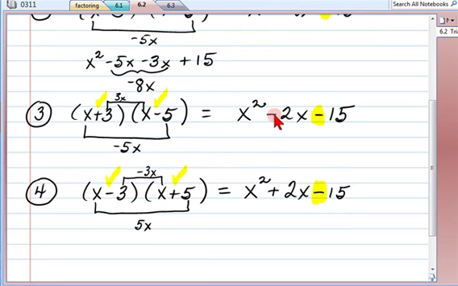It doesn't matter whether the middle term was positive or negative, there will be one of each. Now, the sign of this will help you decide what number to put in the right place, but that's a discussion coming up in a few minutes. So for right now, if the last sign is negative, then you are guaranteed that you will have in the factors 1 plus and 1 minus, always.